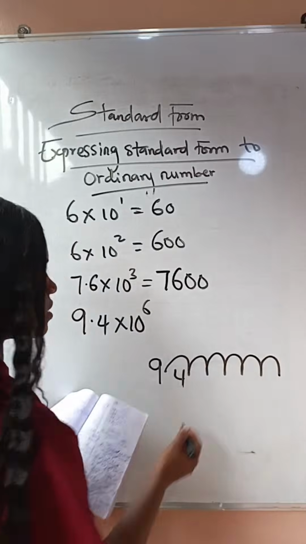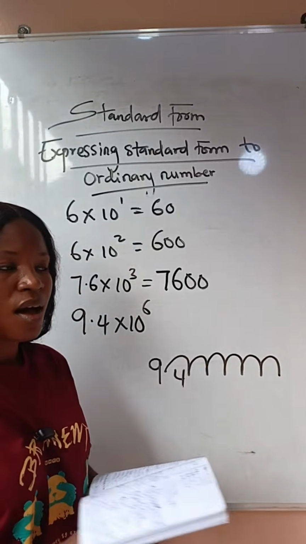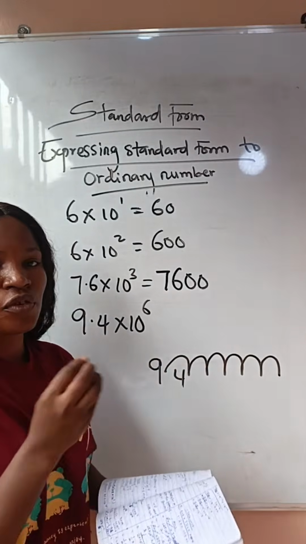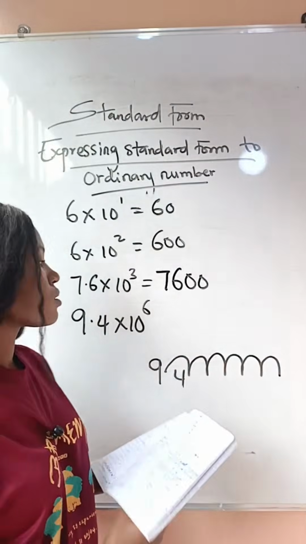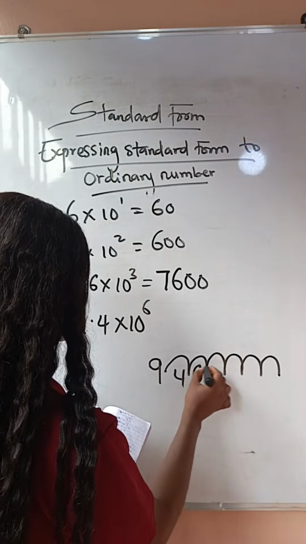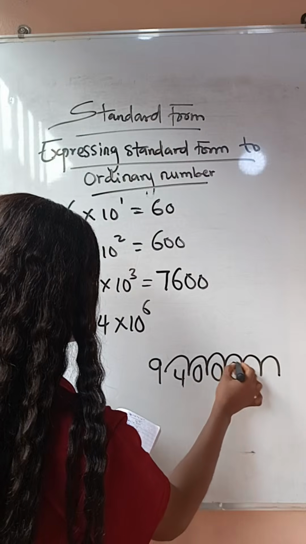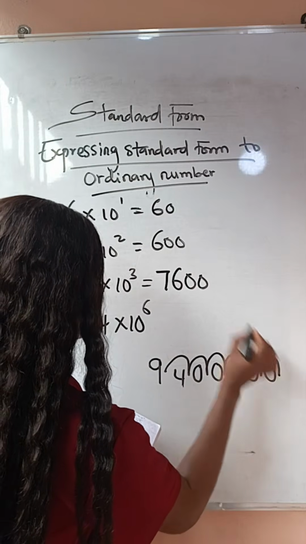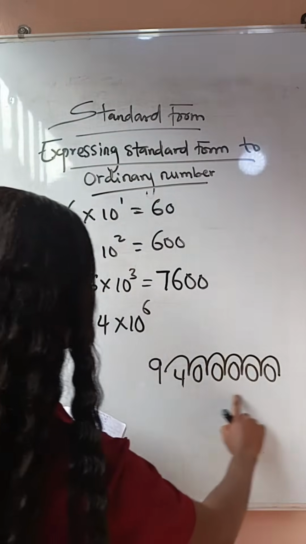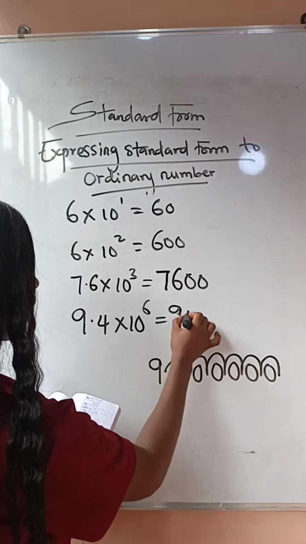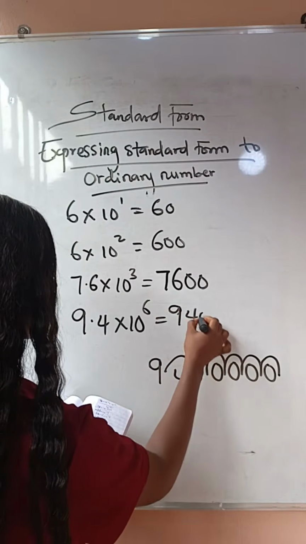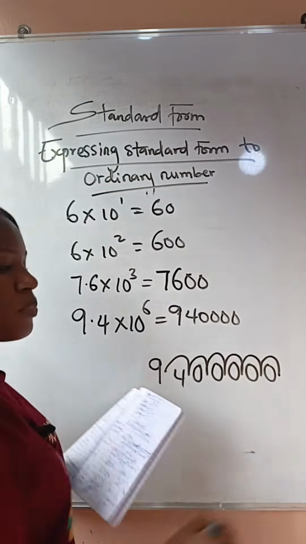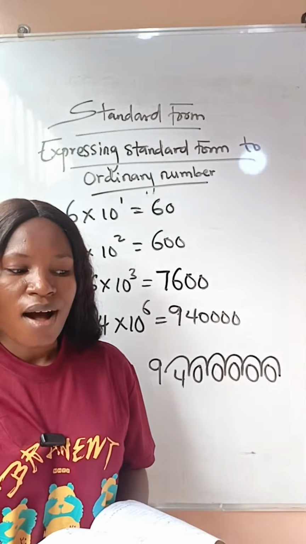So these places that are vacant, I'm going to fill those places up with zeros. So I'll have 1, 2, 3, 4, 5. I'm done. So that means the whole number is what we have, 94 with 5 zeros. So that becomes your answer.